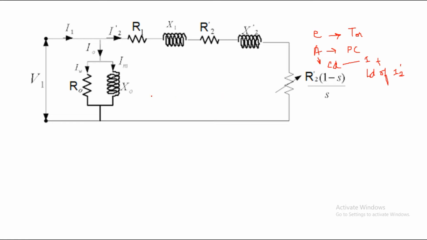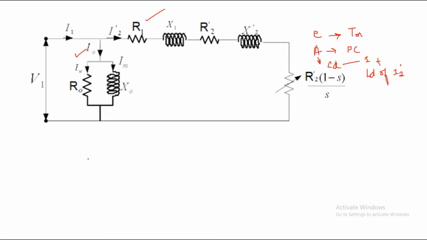Now we'll see what currents are available in this approximate equivalent circuit. Here we have two branch parameters: one is called the shunt branch and the other is called the series branch. We are aware of this circuit from discussing the torque equation.